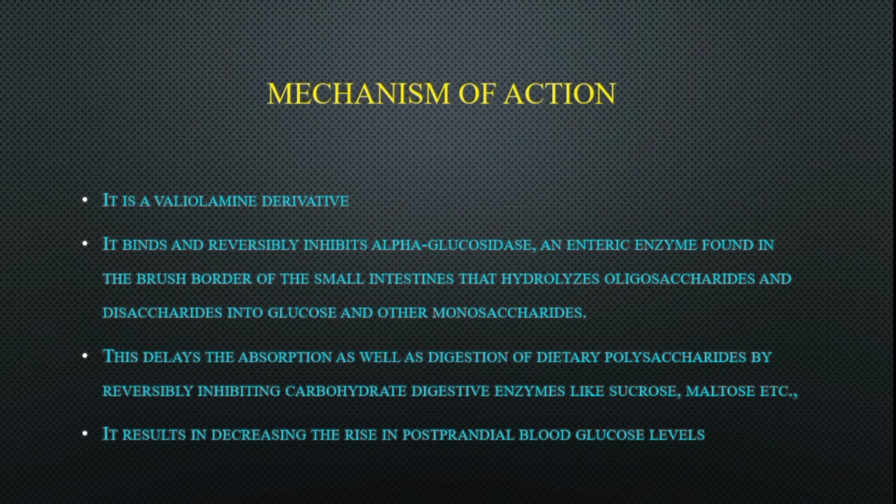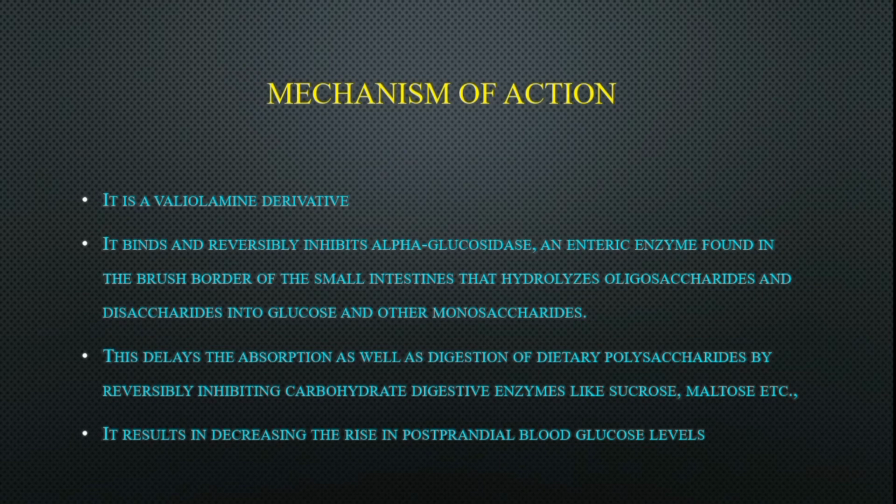Now coming to the mechanism of action. It is a valiolamine derivative, and it binds and reversibly inhibits alpha glucosidase. This alpha glucosidase is a type of enteric enzyme that is found in the small intestine's brush border, that is at the villi and the microvilli border, which is also known as the brush border. So this enzyme is present there.